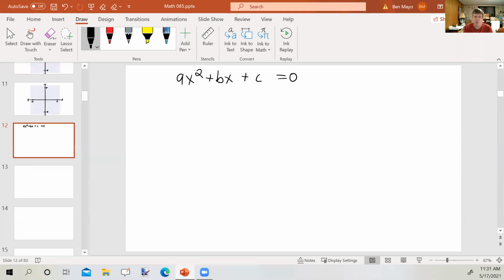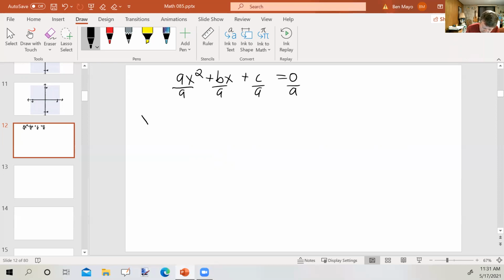Now we're going to take this general equation and use completing the square to solve it for x. Keep in mind, a, b, and c are the numbers that would be the coefficients of the terms. So the first thing we're going to do is divide each term by a, so that we have a leading coefficient of 1.